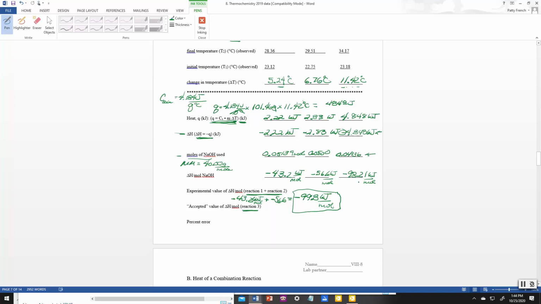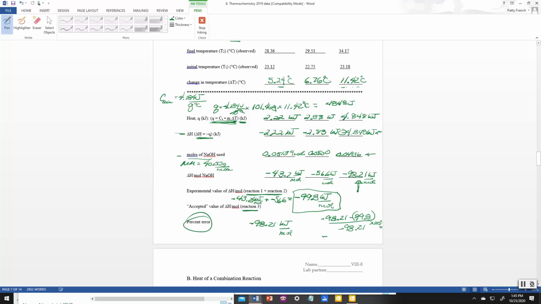The accepted value is from the 3rd reaction, which is negative 98.21 kilojoules per mole. And the percentage error, I'm going to do way over here, is accepted minus experimental divided by accepted times 100%.